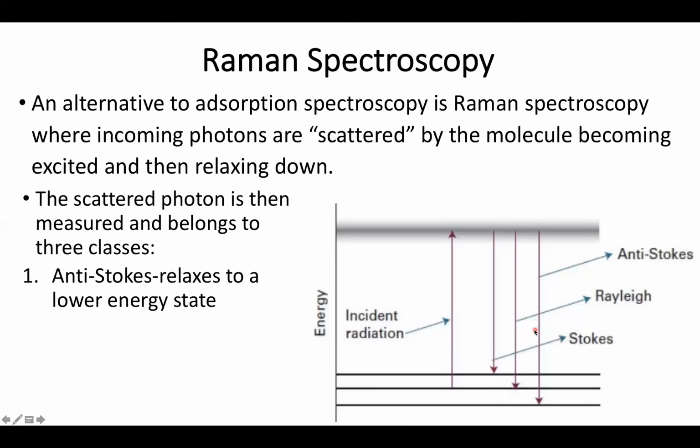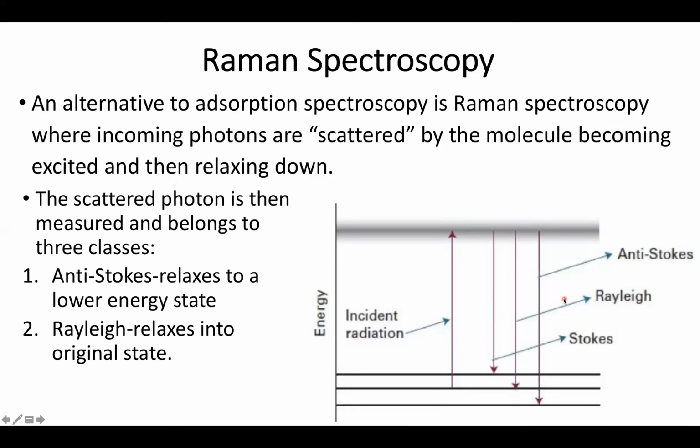Going from, say, state J to J minus 1 means my molecule relaxes in energy, but the photon that I emit or scatter is of higher energy than the one absorbed. So I stole some energy from the molecule to turn it into that extra energy in the emitted photon.